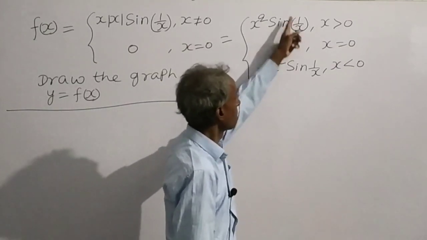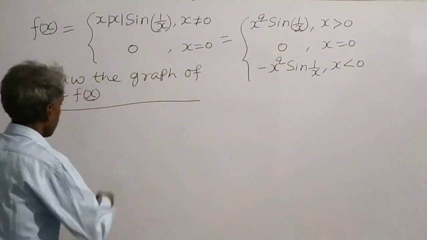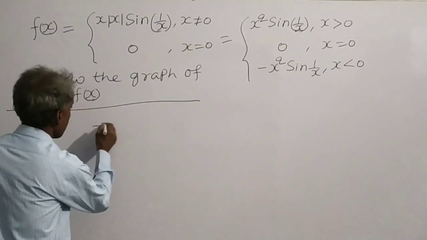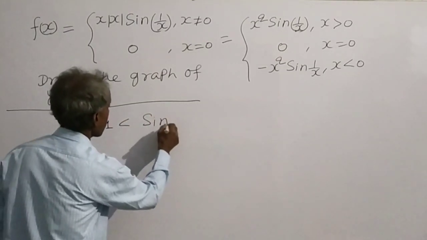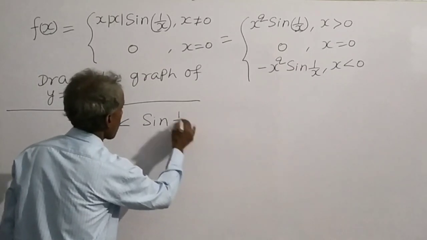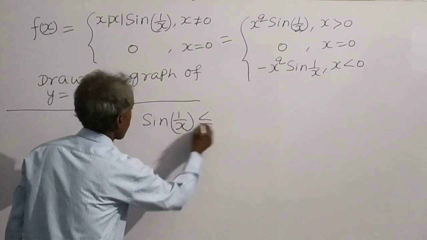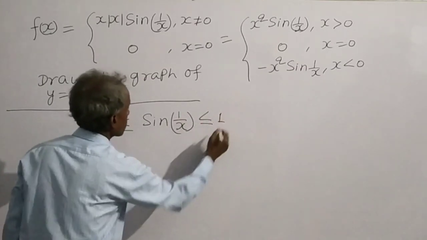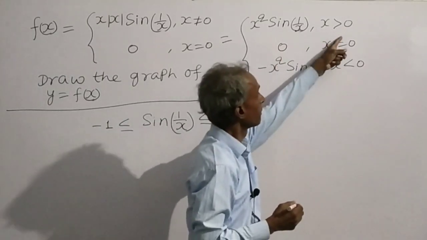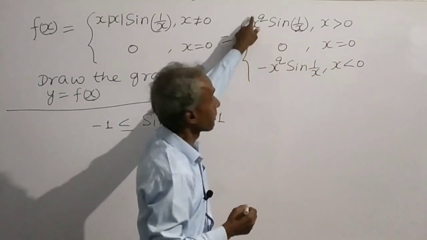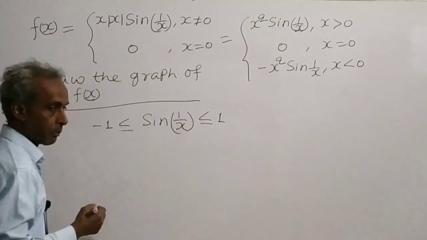Sin 1 by x lies between minus 1 and 1. When x is positive, x square will be positive.